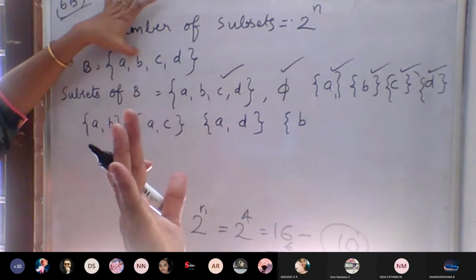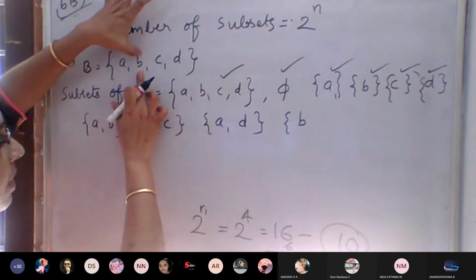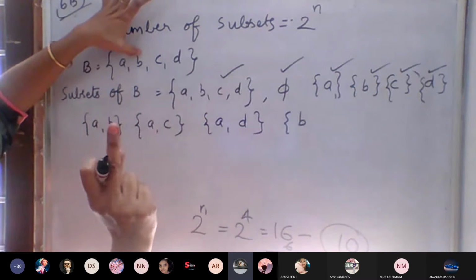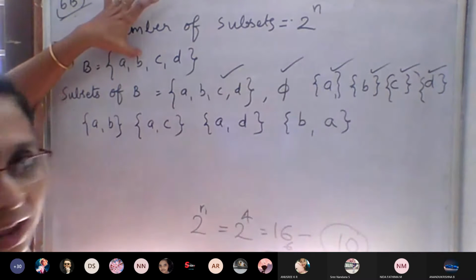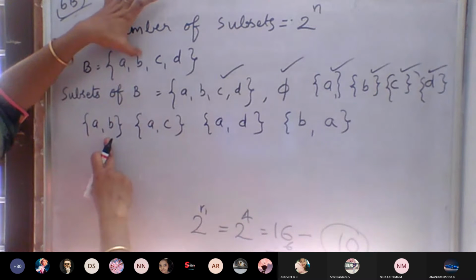One second. Don't go back. Understood? Here B means don't go back. Why? Because if we go back, we will get BA, and we already wrote AB. AB and BA are both the same, no?